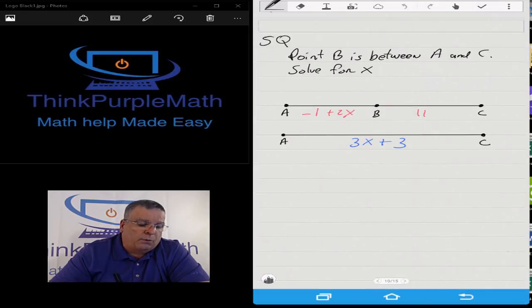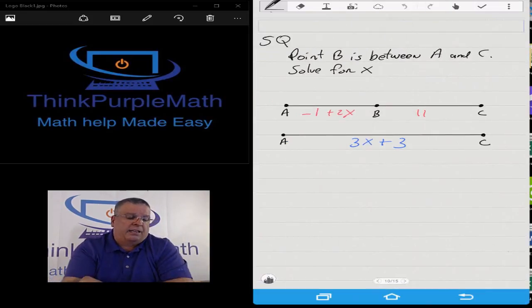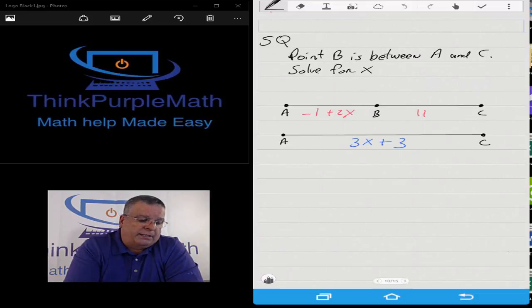Okay, we got a couple more, a little more intense. Okay, here's one that has a drawing listed there. The entire segment AC is 3x plus 3, represented in blue. AB is negative 1 plus 2x, and BC represents 11.